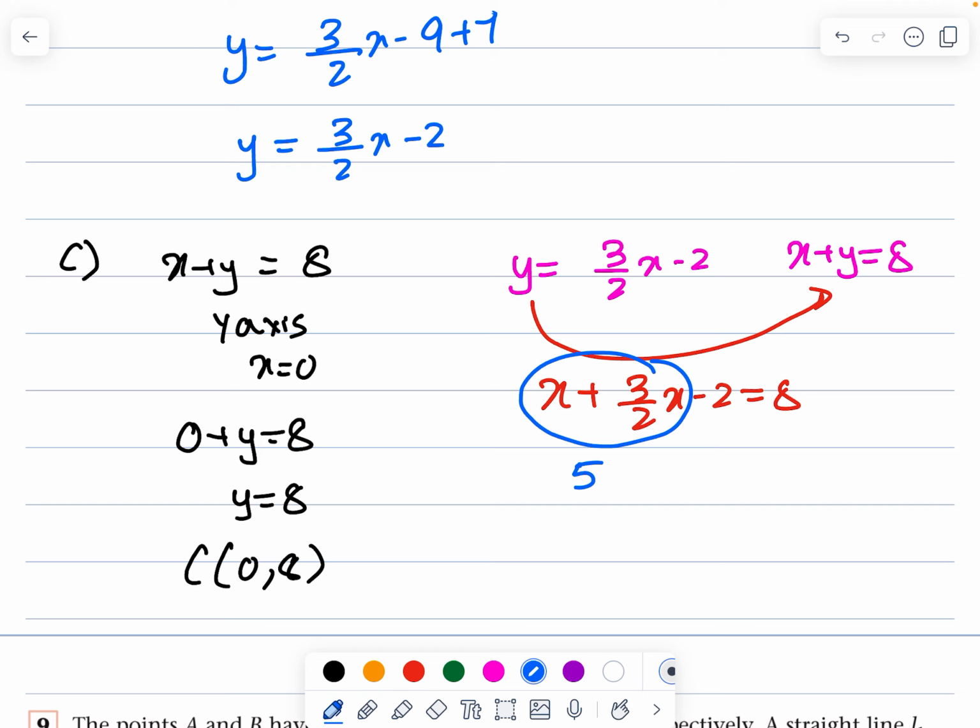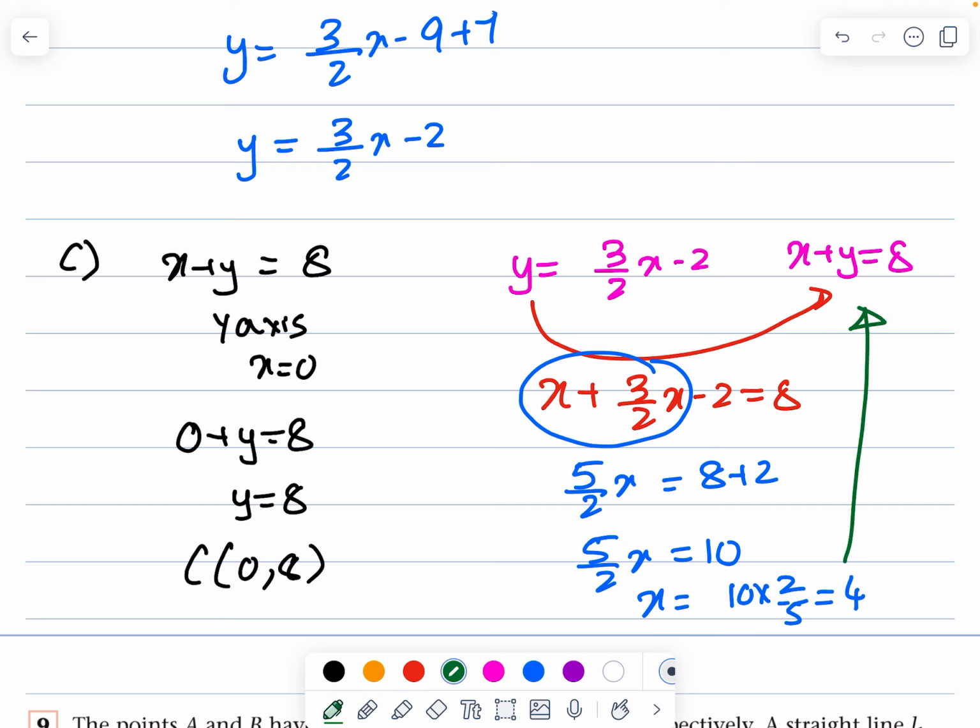These both will become 5 upon 2 x equals 8 plus 2. 5 upon 2 x equals 10. So x equals 10 times 2 upon 5, which is 4. Then plug in x equals 4 over here. You'll get the y value as 4. So the point D will be 4, 4.